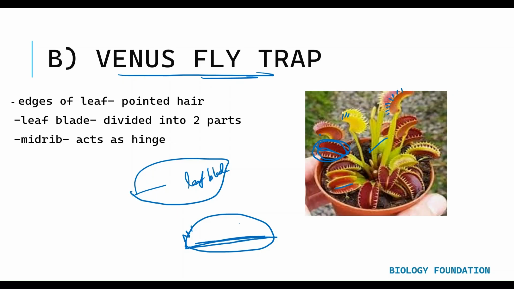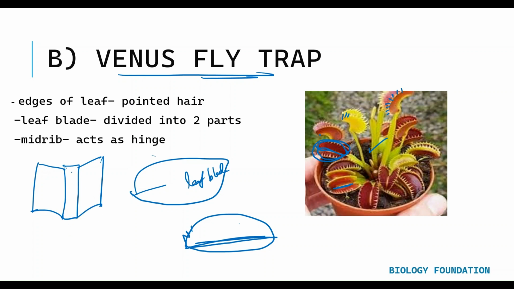You can see this is the midrib, which acts like a hinge, the connecting structure between the two, just like an open book. When you open a book, you have the book like this.